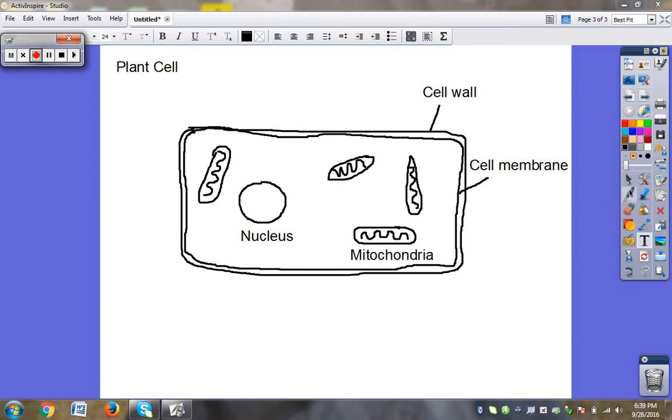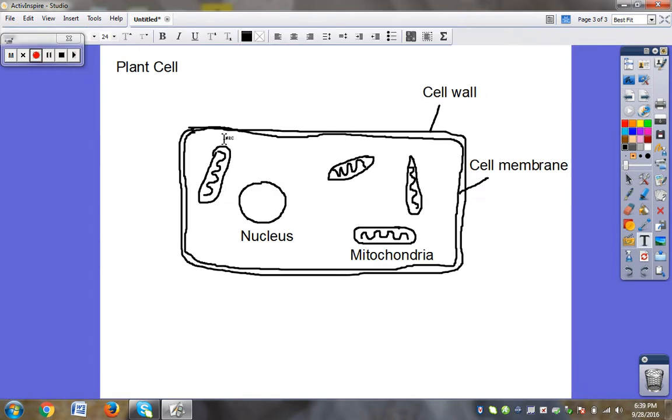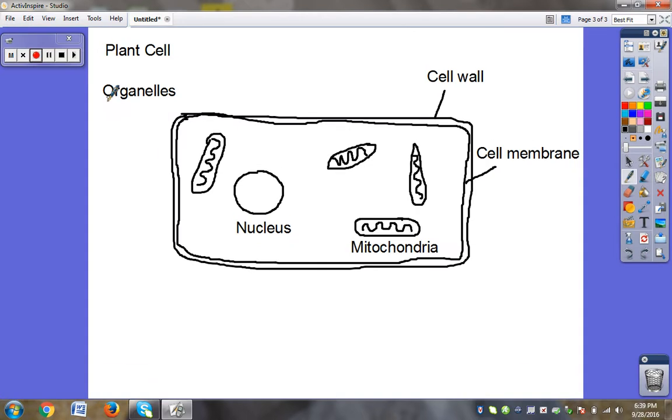So a plant cell also has other little parts, and all these little parts, by the way, are called organelles. I'll write that in here just so you have it. Organelles. That's what the different little parts of a cell are called. You can remember it because they're like the organs of the cell. So it's like you've combined the words organ and cell and you get organelle.